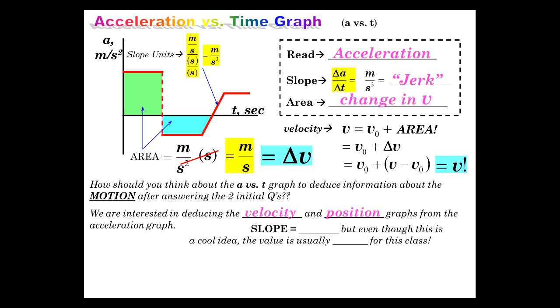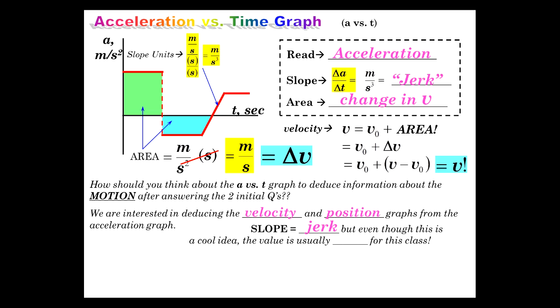So first of all, slope, and the other two examples, position graph and velocity graph: the slope of a position graph is velocity. Slope of a velocity graph is acceleration. Now slope of an acceleration graph is jerk.